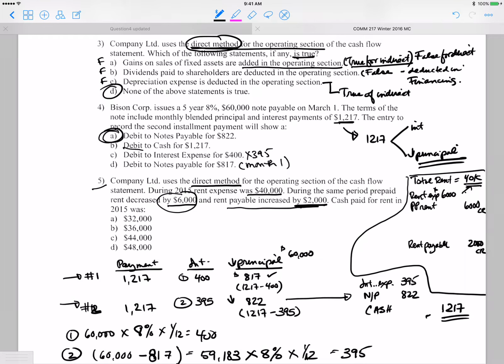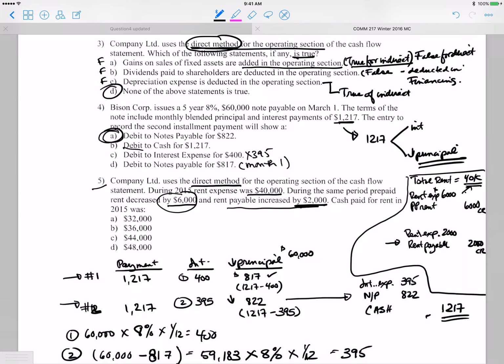Rent payable increased by $2,000, and the debit, rent expense, was recorded at $2,000, and this means we incurred rent expense, but we're only paying it in a future period. That's why the rent payable has gone up by $2,000.